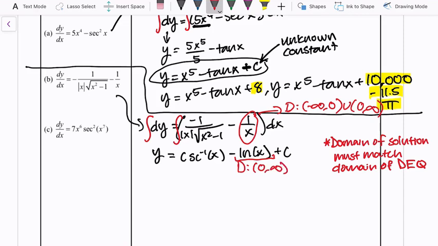So we need to do something to natural log so I include all of the negative numbers. And I think we've talked about this a little bit before, but our fix for that is we're going to put the x in absolute values. So right now how I have it written out, this is technically not correct. How we want to write this is y equals cosecant inverse of x minus the natural log of the absolute value of x.